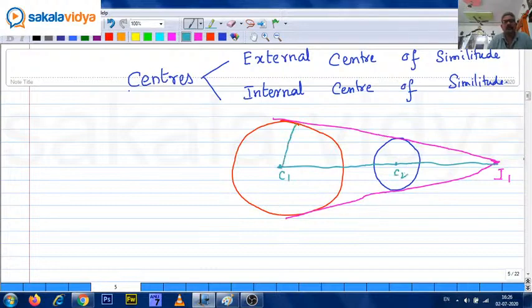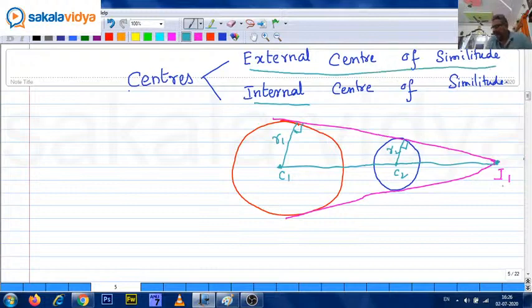This is perpendicular, this also perpendicular. Say the radius is R1, this radius is R2. So the point of intersection of the direct common tangents of the two circles is known as the external center of similitude, denoted by I1.